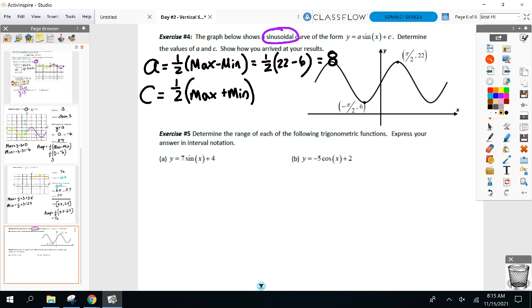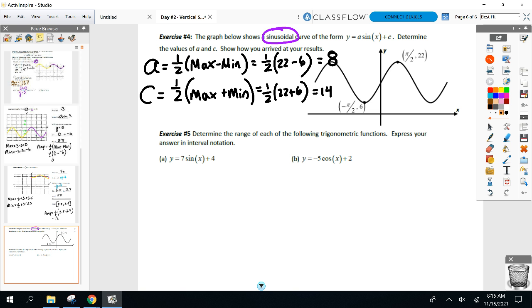I add my max and min and divide by 2. So it'll be 1/2, 22 plus 6. Half of that, what did I shift? This curve shifted up 14 units. So that's my C value, the shift.